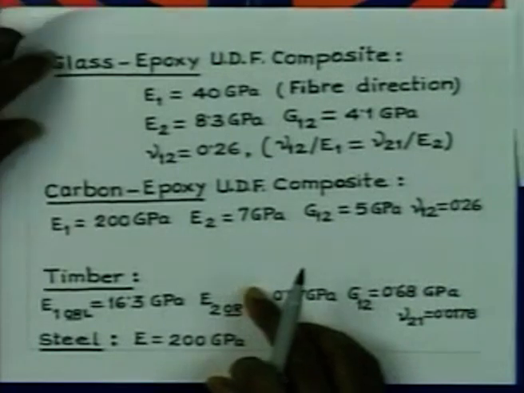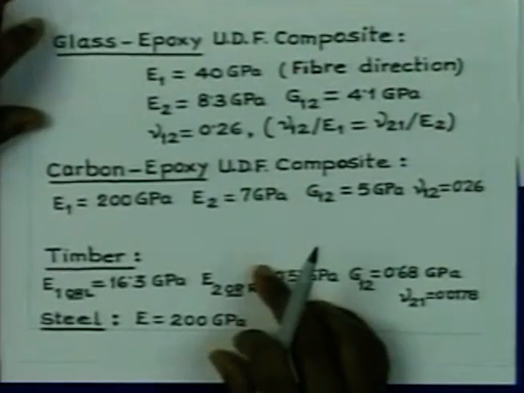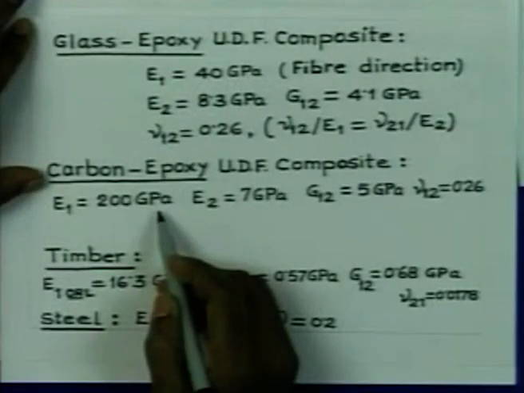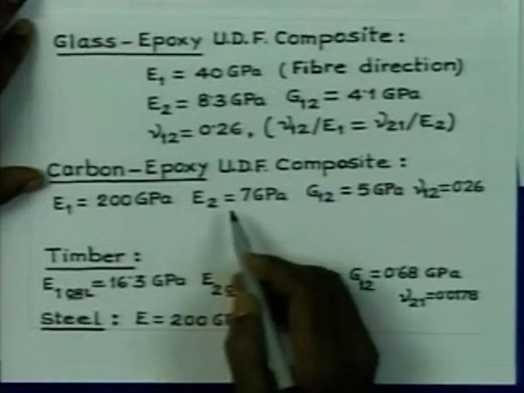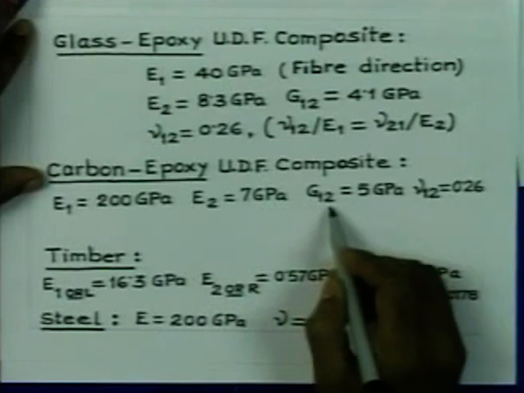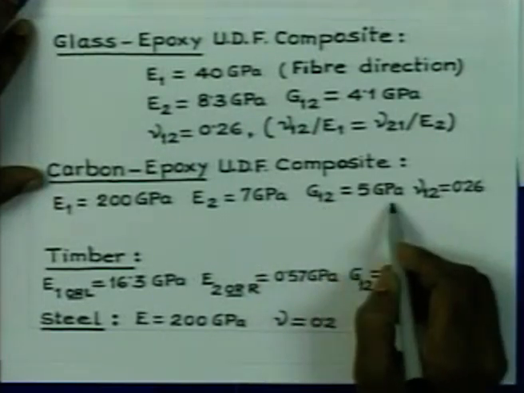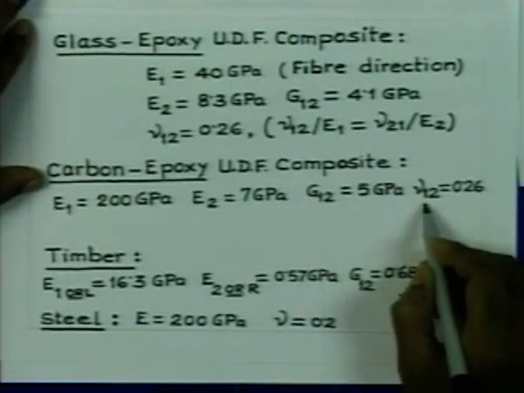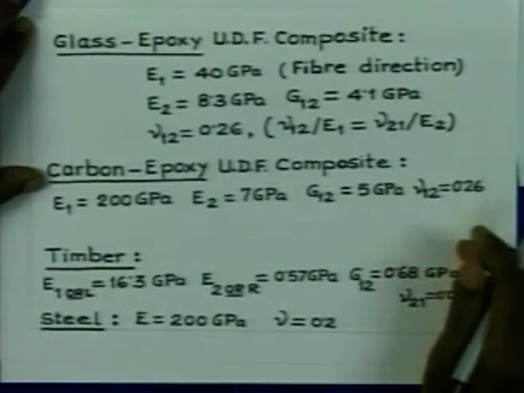Now if the reinforcement is done by carbon fibers, then you find that the modulus in the direction of the fiber is very high, 200 GPa, and modulus in the perpendicular direction is 7, and the modulus of rigidity in the plane is 5 GPa, and nu 1 2 is 0.26.